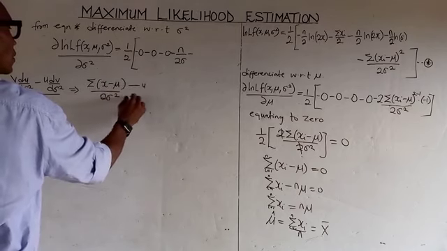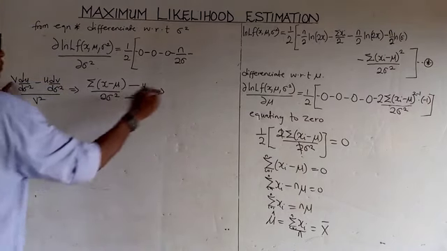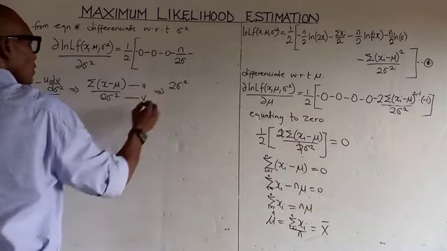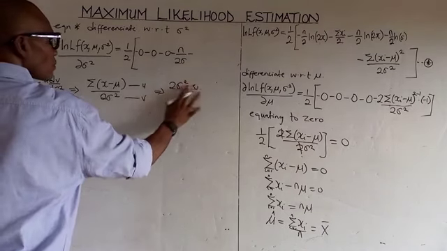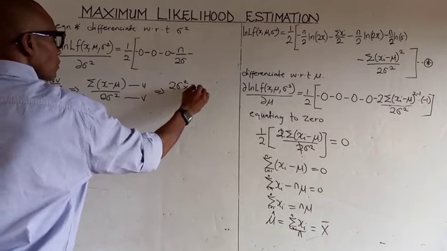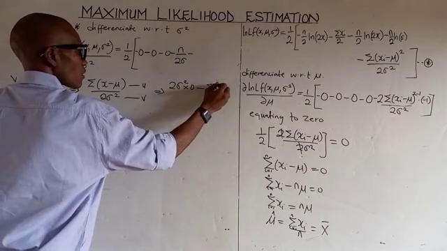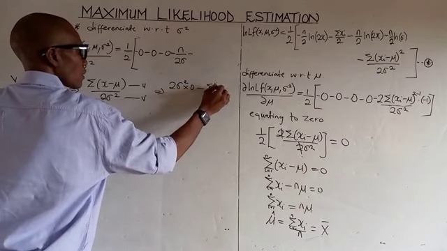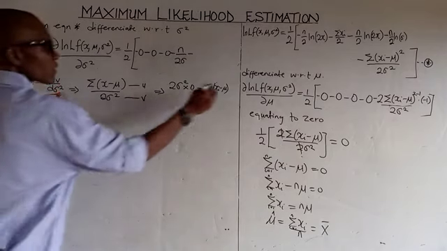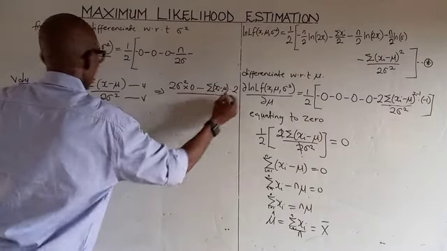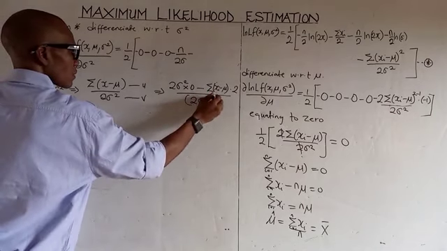Let this be our u, this be our v. It implies that v, 2 sigma squared, times du all over d sigma here gives us 0, minus u, summation of xi minus mean, dv all over d sigma squared, which will give us 2, divided by 2 sigma squared all squared.